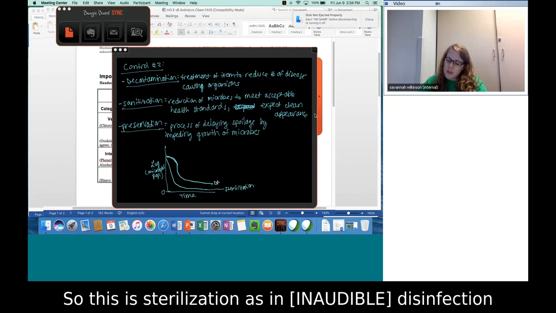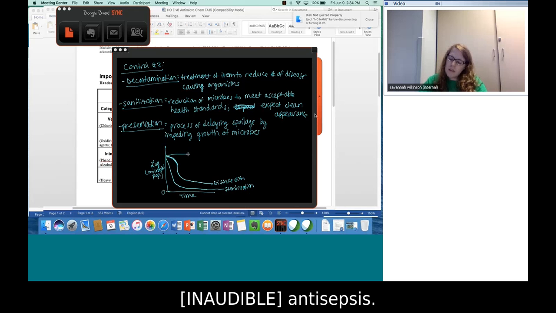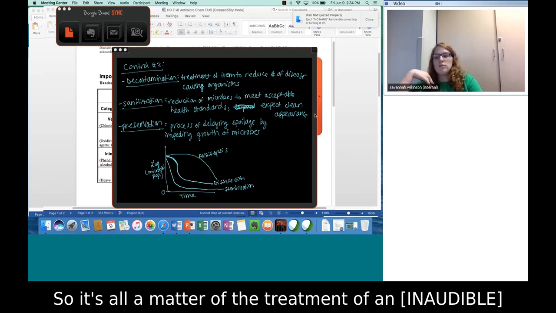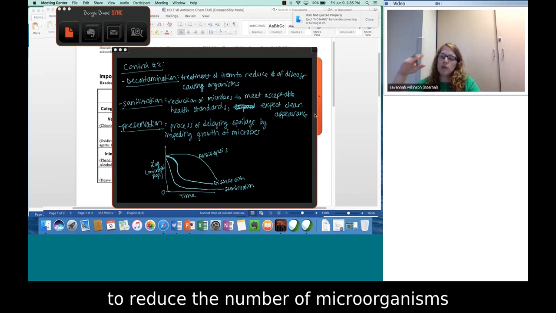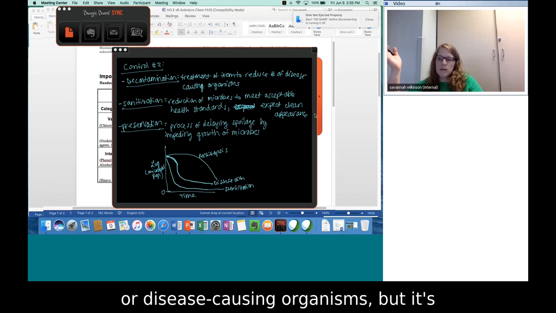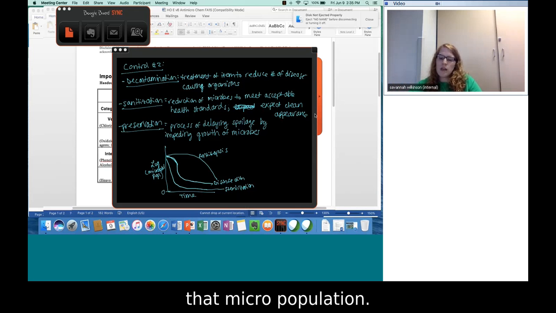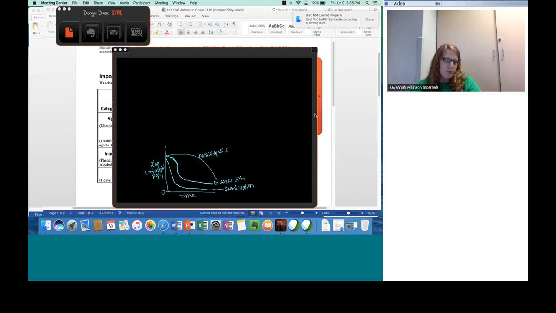That's disinfection. This one kind of goes up and over that: antisepsis. So it's all a matter of the treatment of an item to reduce the number of microorganisms or disease-causing organisms, but it's a matter of how well it kills off or reduces that microbial population.